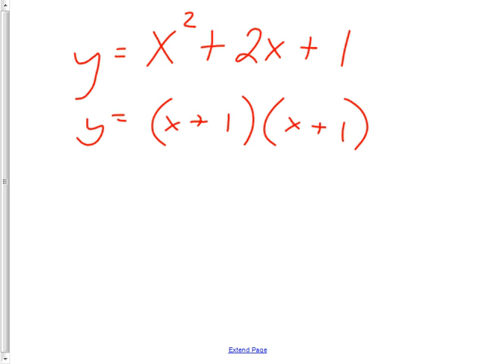Now, from what I was just saying seconds ago, if I set this equal to 0, which you want to do when you're doing a quadratic, then I can just say, oh, well, what's the answer got to be? X equals what? -1. Now, what's another way I could have got that answer? Another way is guess and check.